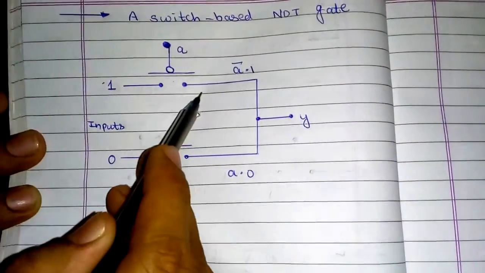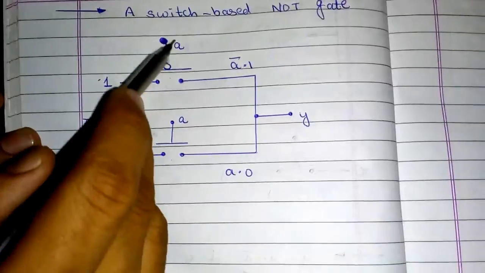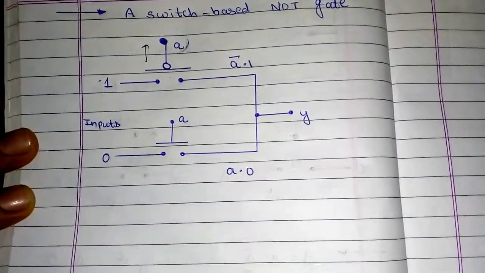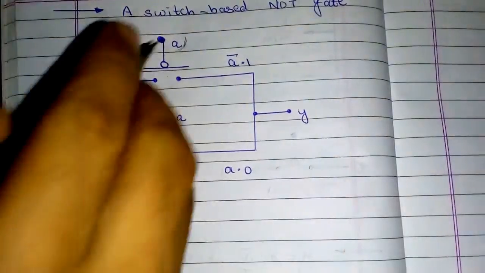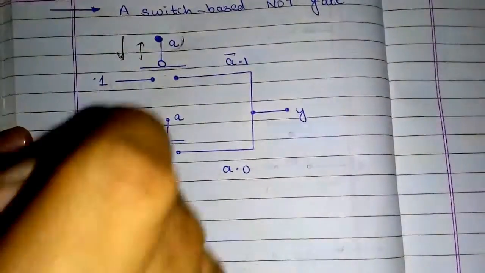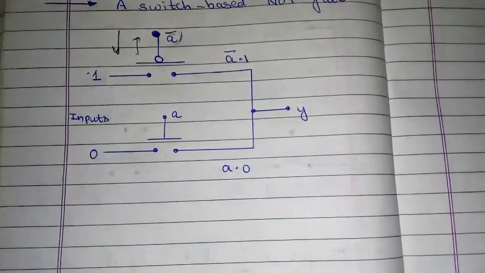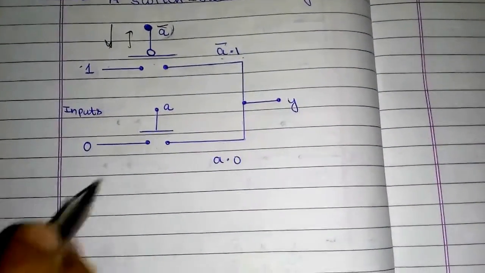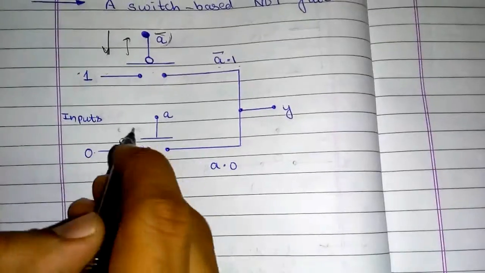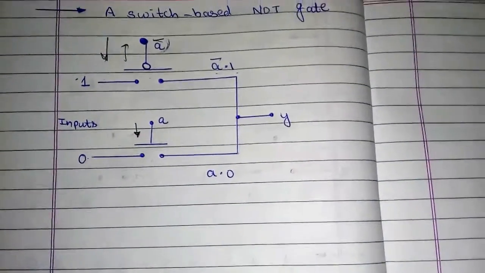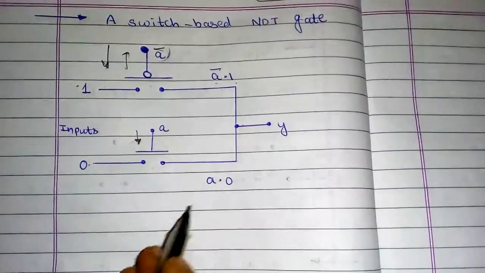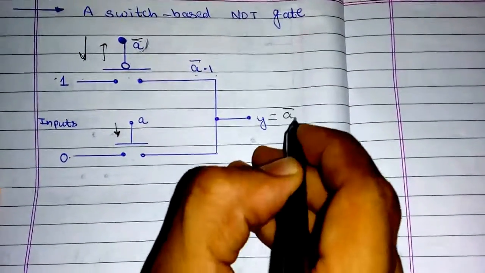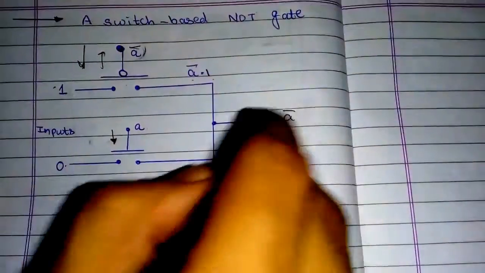So 1 travels from here, this is a bubble, so I need to pull it up for the output to travel, or I have to push it down and have A bar here. So 1 multiplied by A bar will give me A bar into 1, and here it has to be pushed down. 0 multiplied by A will give me A into 0.